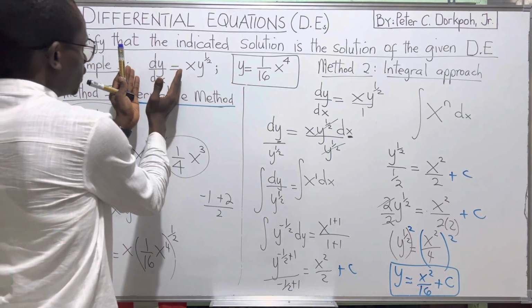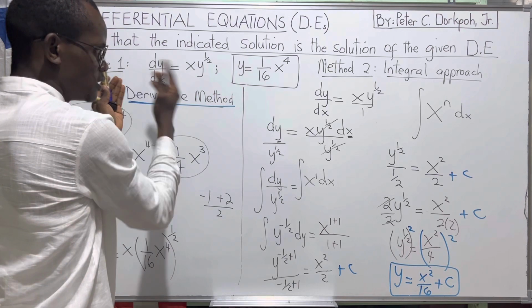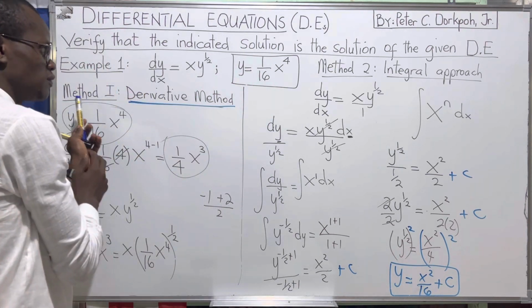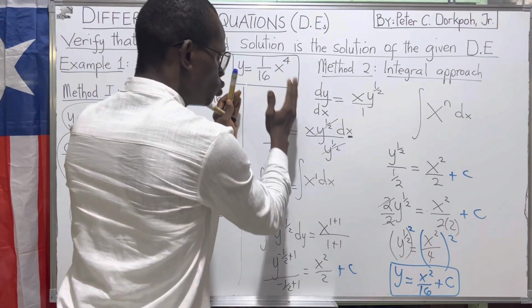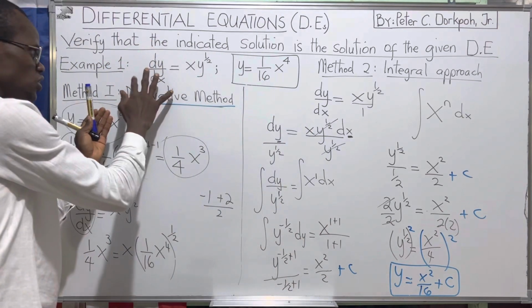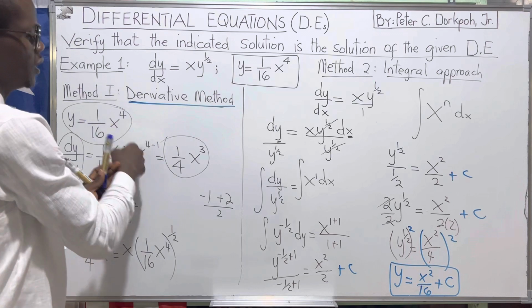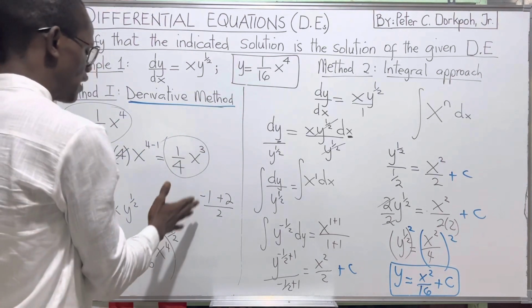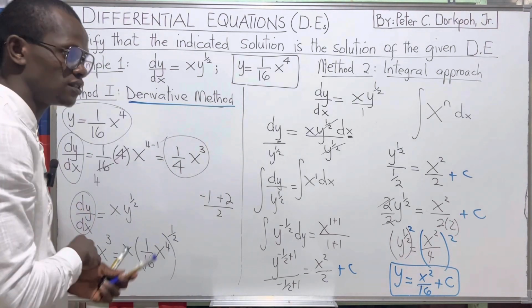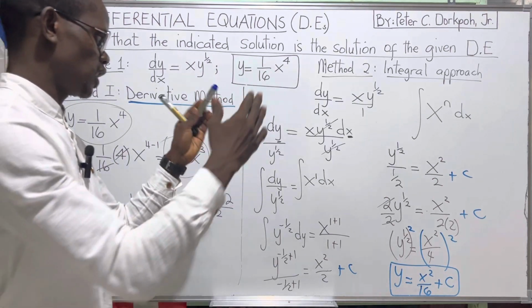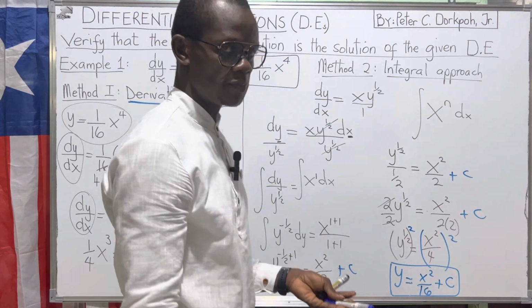If they give you maybe a second order derivative or third order derivative, differentiate the function 2 or 3 times, put each of those derivatives within the derivative that they gave you, and then you verify whether the left hand side is equal to the right hand side. If you wish to go this way, it's up to you.